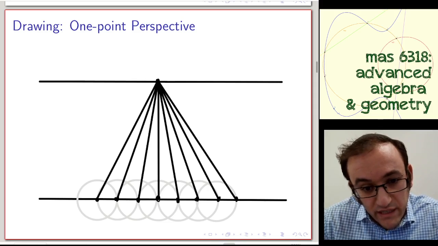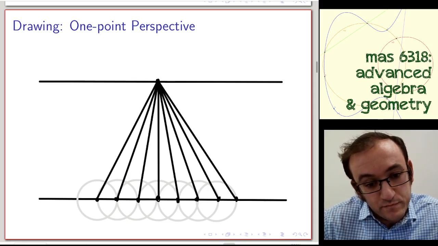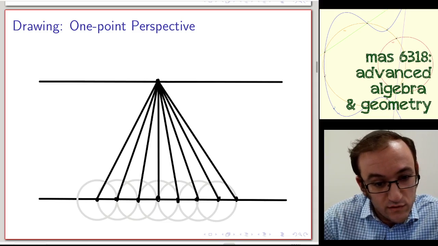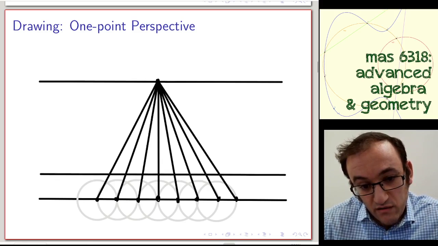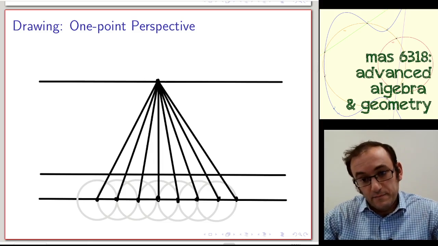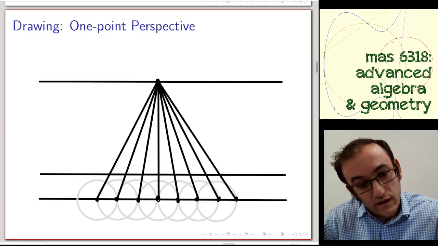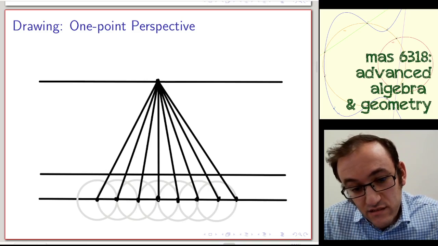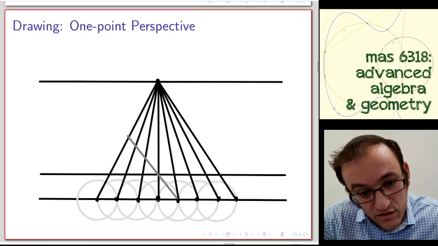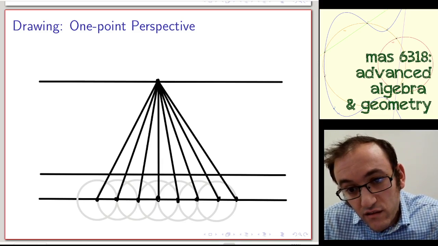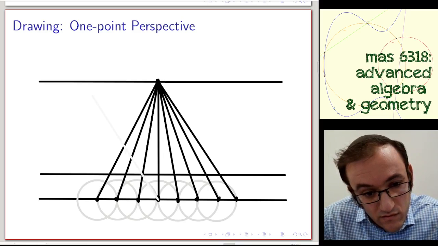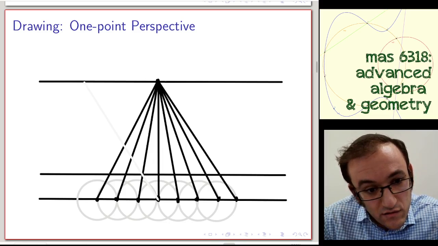Okay, well then how do we get the next row of tiles? Well, we'll take the first somewhat arbitrarily. Okay, this just needs to be parallel to the one that we've already done. And then from there, we're going to use the diagonals to establish, oops, make this light gray, to establish where this should intersect.